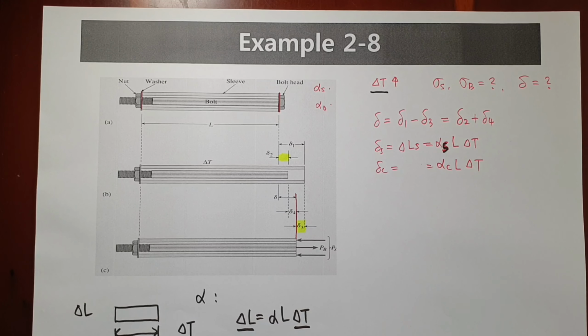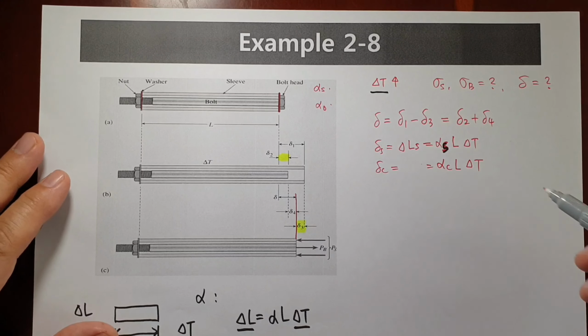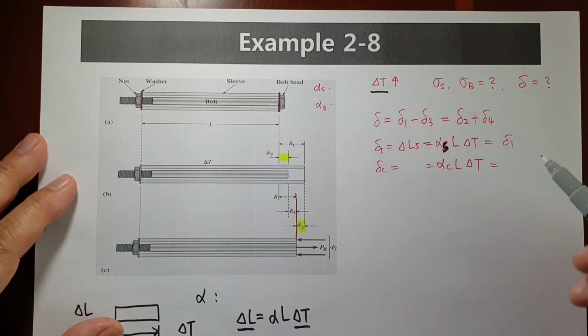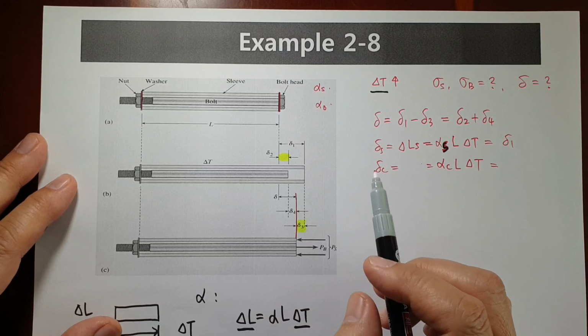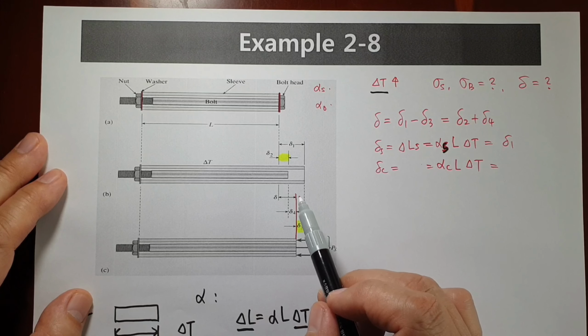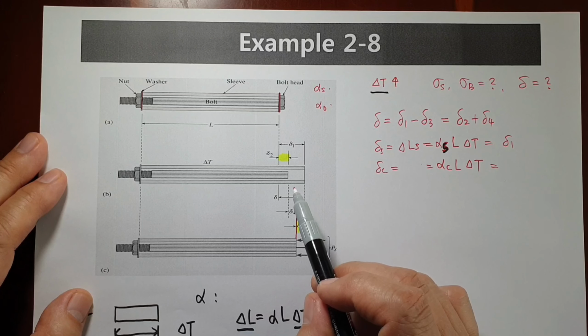Okay, delta S is what? Delta S, the sleeve's case, is delta 1. And delta C is the inside bolt.